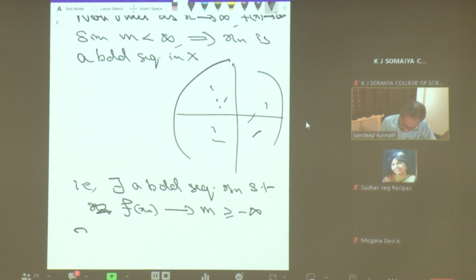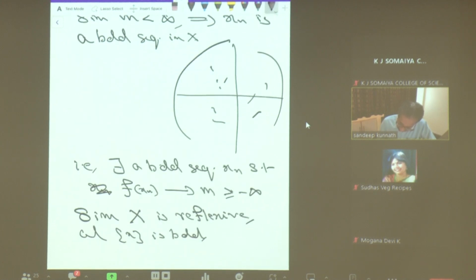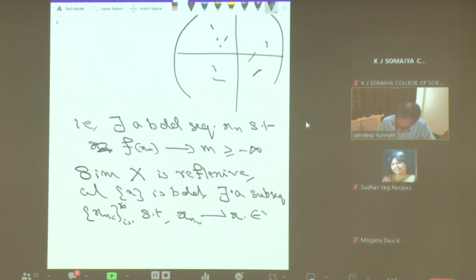Now, since X is reflexive and the sequence xn is bounded, there exists a subsequence xni, i equal to 1 to infinity, such that xni converges weakly to some x in X.